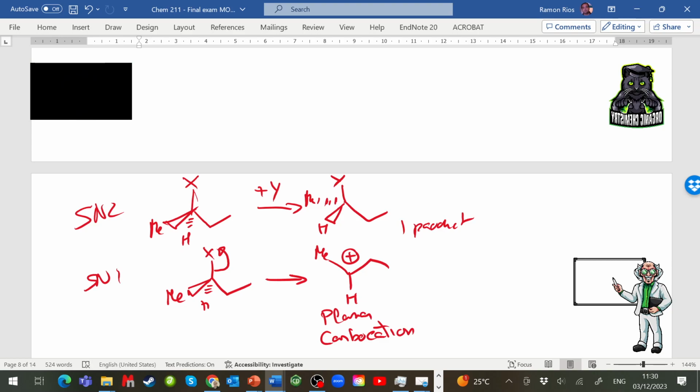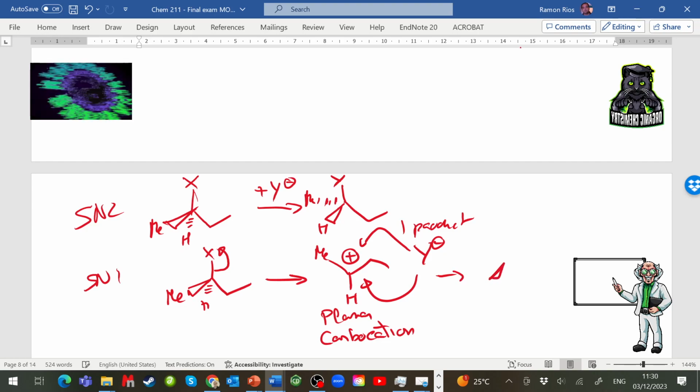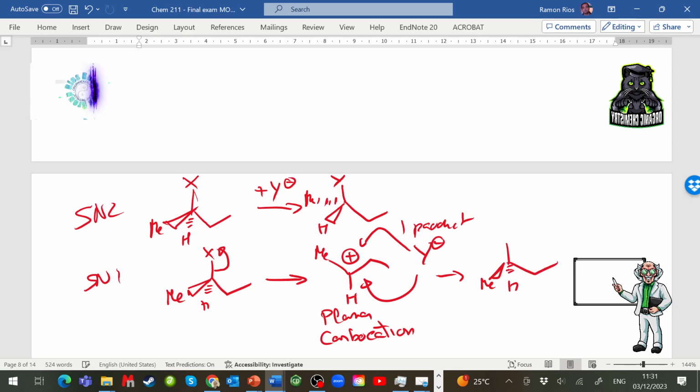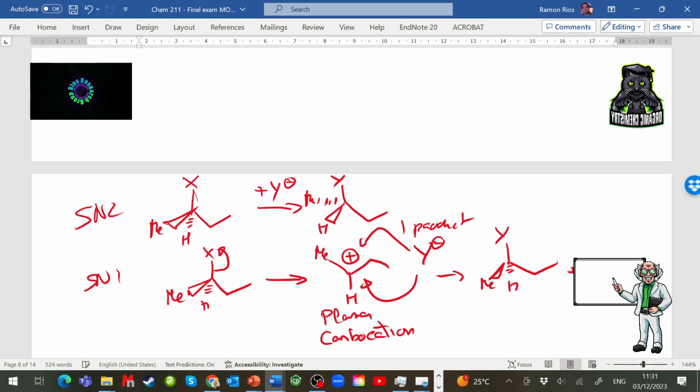Then Y is coming and can attack from the upper position or from the lower position, giving us two different products. That means that the reaction must be SN1.